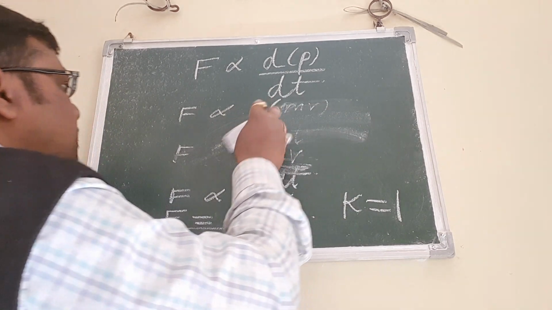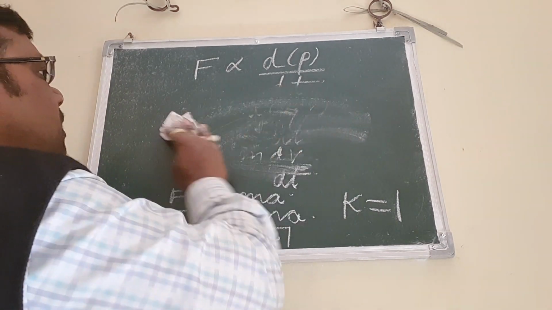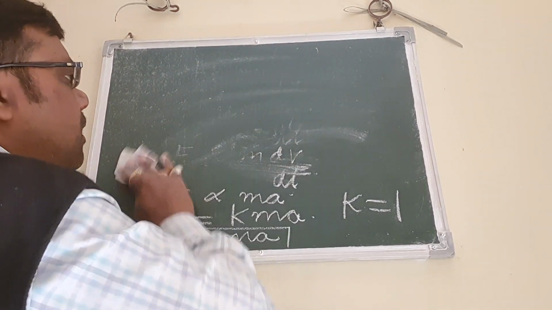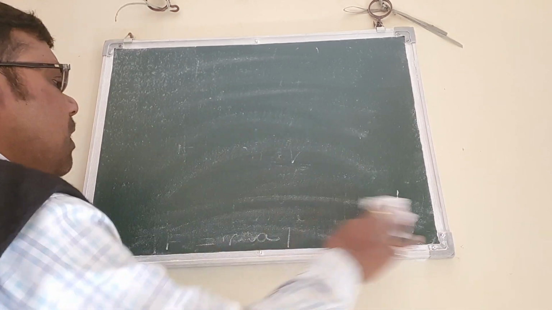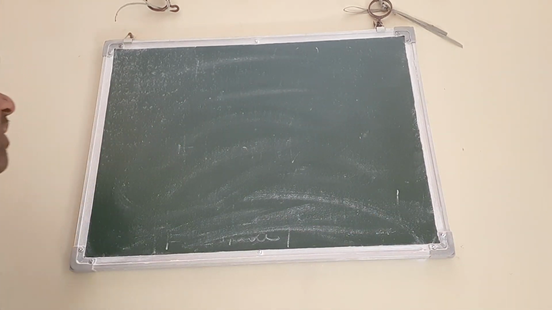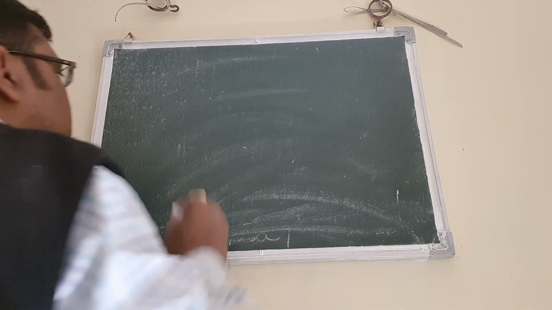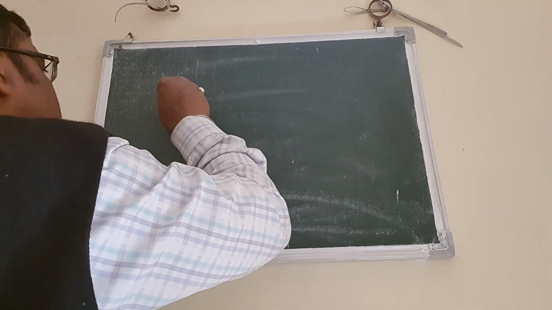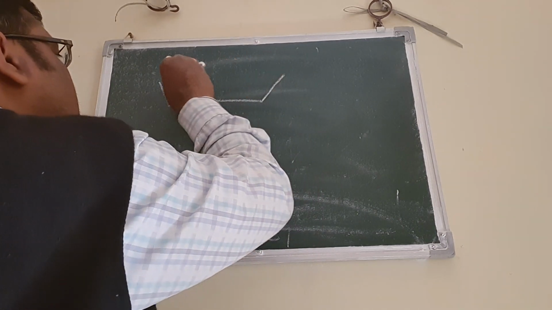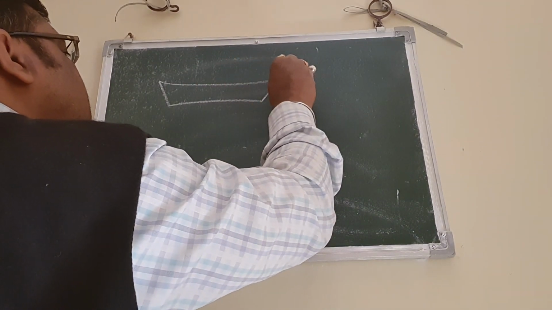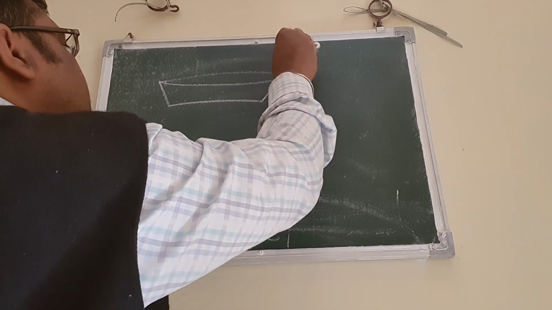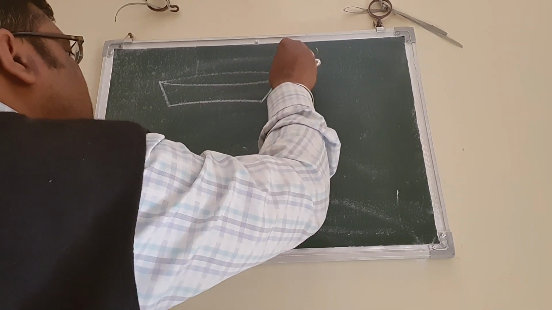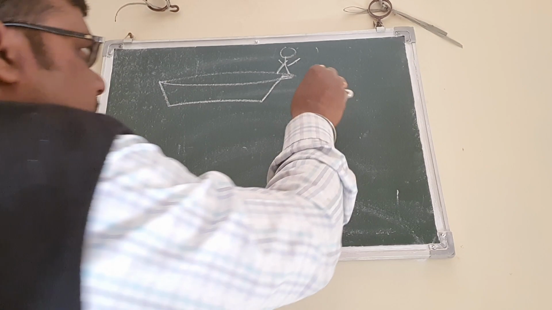So suppose there is a boat. This is a boat, and here there is an edge of the boat. A person is standing on the edge of the boat, and there is a river.